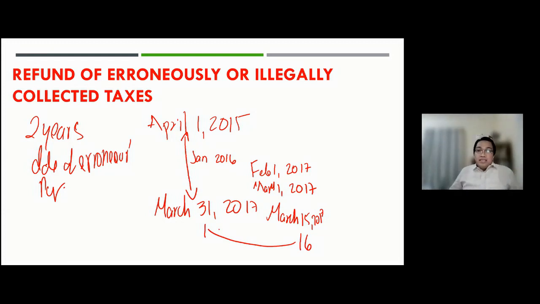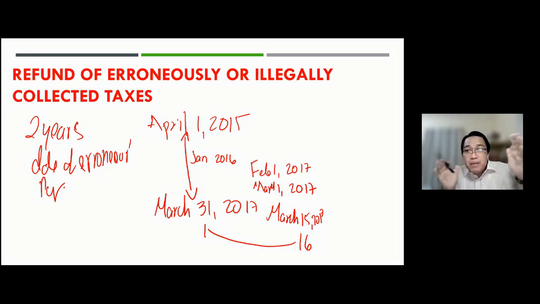Okay? Hindi ka po pwedeng lumampas ng 2 years ang claim mo for refund, both administrative and judicial. So yung pagpa-file mo sa BIR at ang pag-akyat mo sa korte, dapat nakapaloob yan, nakapasok yan sa loob ng 2 taon. Kaya nitong unang mga illustration ko, may 30 days ka pa to file an appeal to the CTA dahil pasok ka pa sa 2 years.